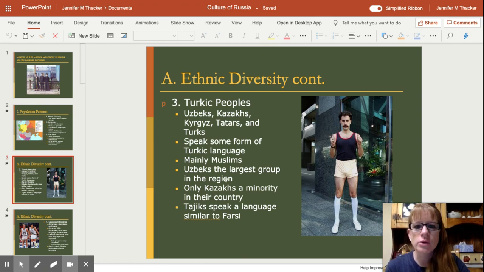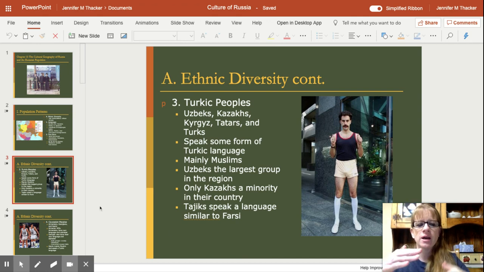And then there's a lot of Uzbeks, and Kazakhstan has like the smallest minority. And then a lot of the people speak Farsi, which is typically a language seen from the Muslim culture. And a lot of them are usually known to be in Afghanistan in that area.